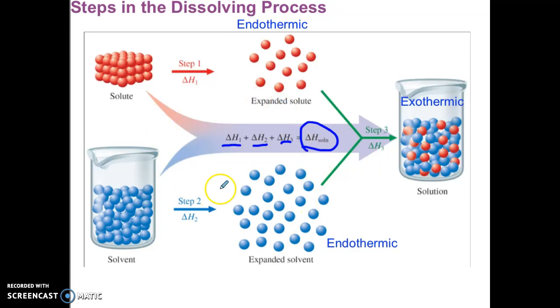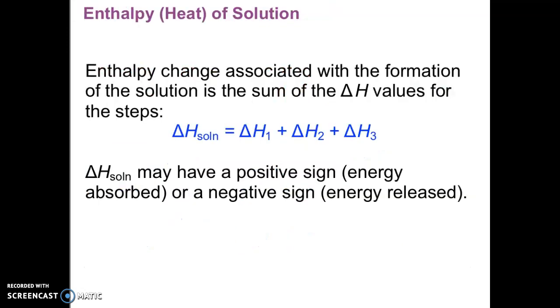And the energies for all of these need to be considered when you are looking at the delta H of the solution. One of the things that we look at then is the enthalpy change associated with the formation of a solution is the sum of the delta H values. So just as we had said, the steps to expand the solute, the steps to expand the solvent, and the delta H to mix.